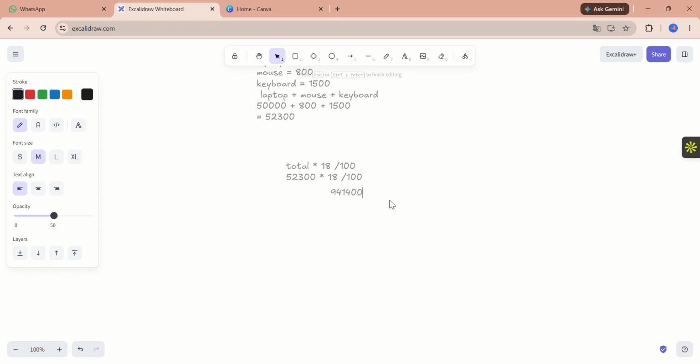This is then divided by 100. Then the output is basically 9,414. We are using decimals, that's why the result comes in decimal value.